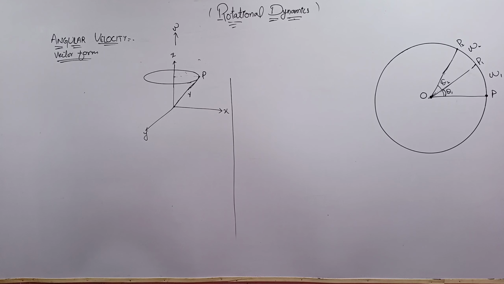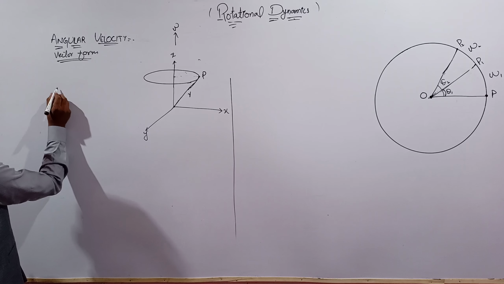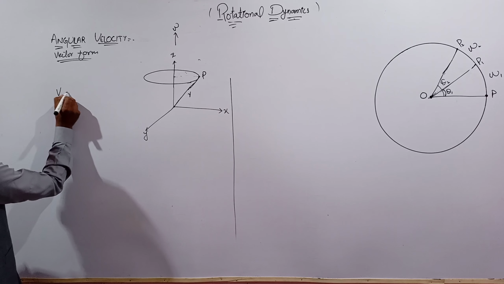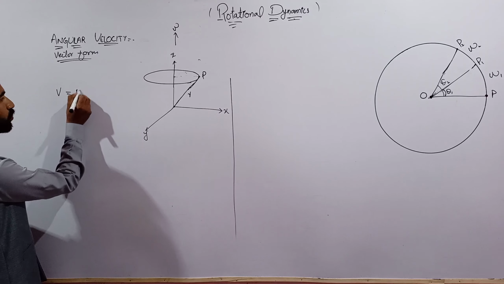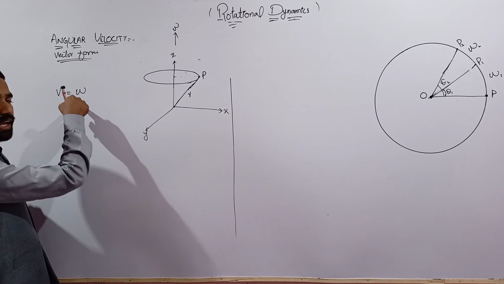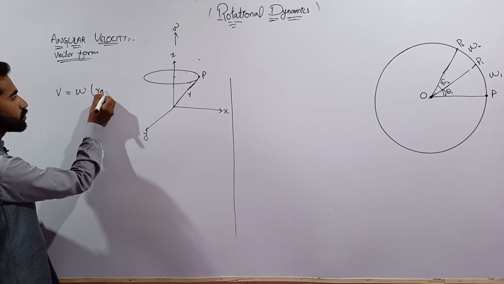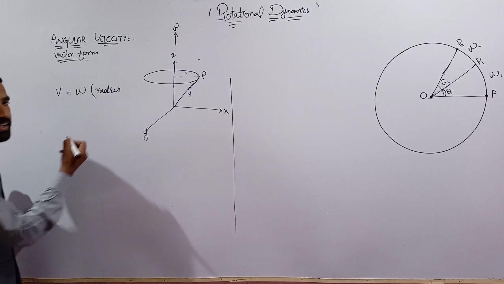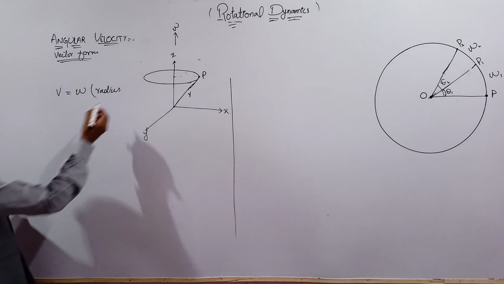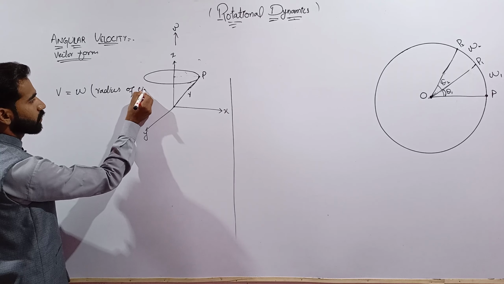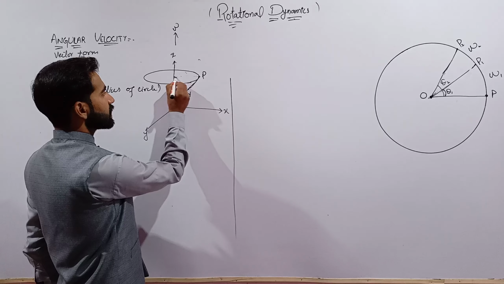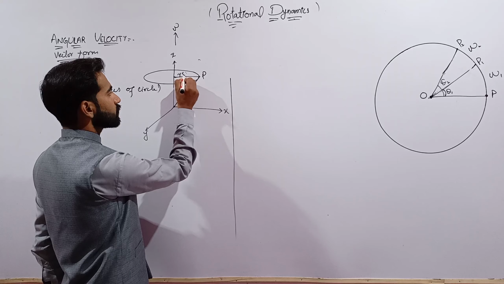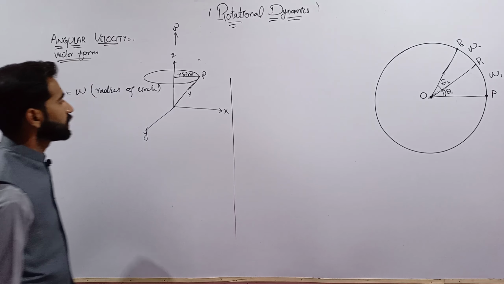The linear velocity and angular velocity are related as follows. Linear velocity v is equal to omega, the angular velocity, into the radius of the circle, r sine theta.